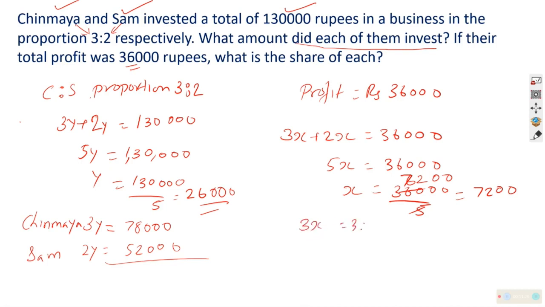That means 3 into 7,200, which is 21,600. Right? This is Chinmaya's case. And Sam is 2x. Right? 2 into 7,200, which is equal to 14,400.